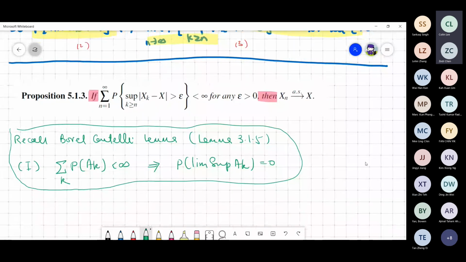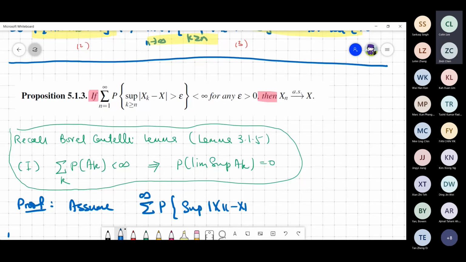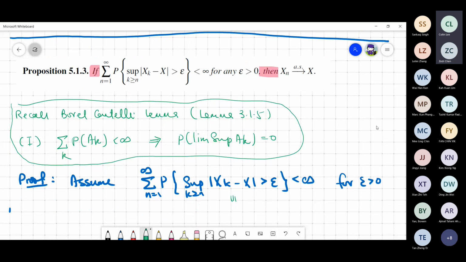Now by using this Borel-Cantelli lemma, we can prove our proposition 5.1.3. We assume that the sum of P(|X_k - X| > epsilon) is less than infinity for all epsilon, and we write this event as our A_n.